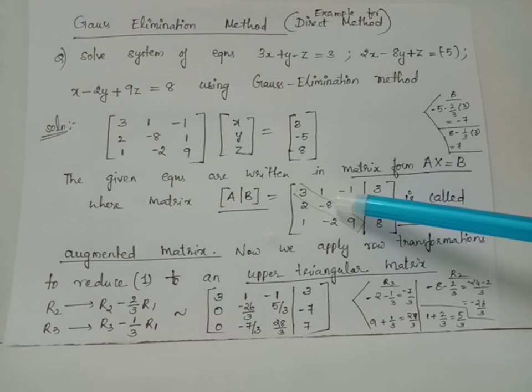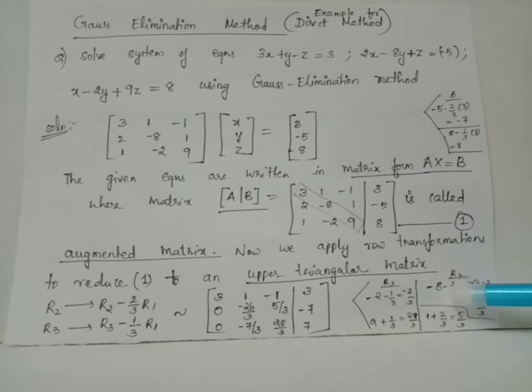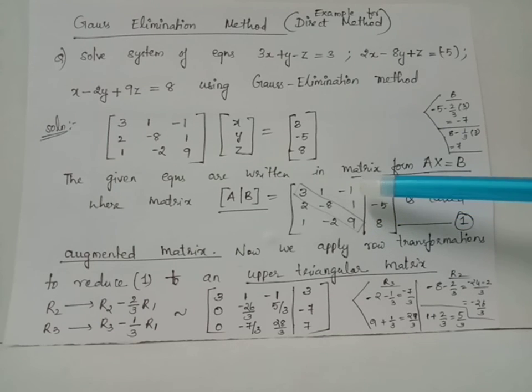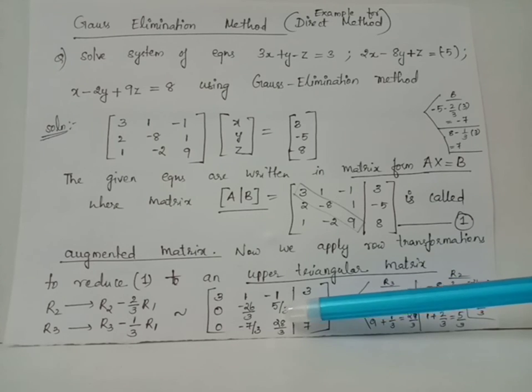Minus 8 changes to minus 8 minus 2 by 3 times 1, which becomes minus 8 minus 2 by 3, which is minus 26 by 3, written here. 1 changes to 1 minus 2 by 3 times negative 1, which becomes 1 plus 2 by 3, which is 5 by 3, and this value is written here.